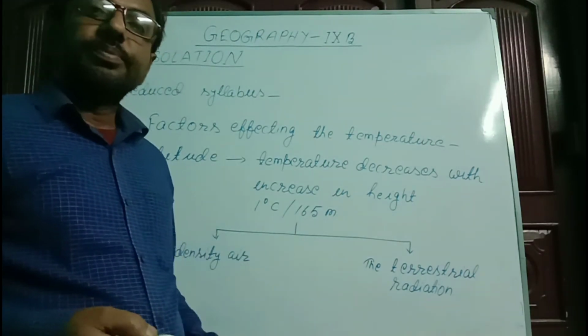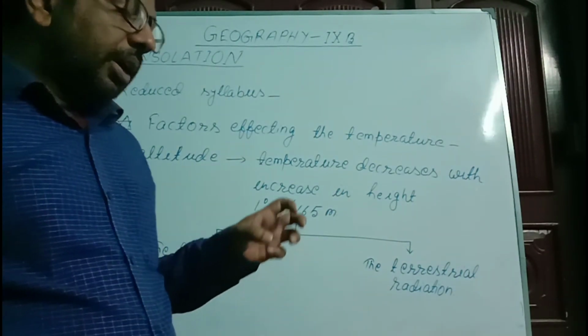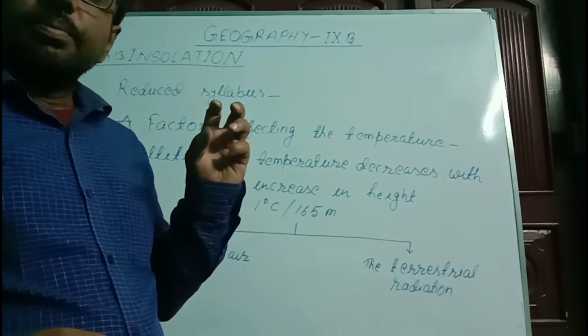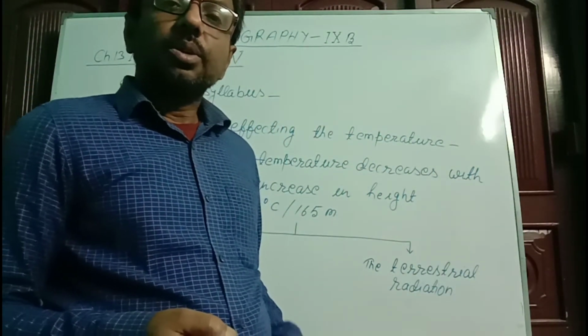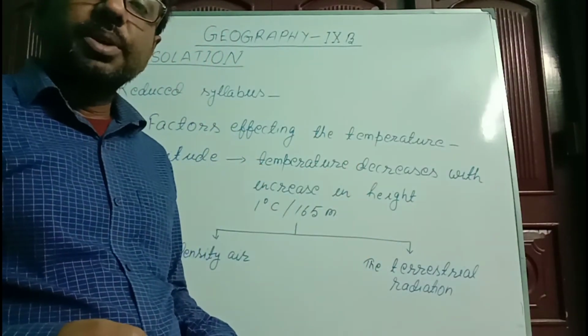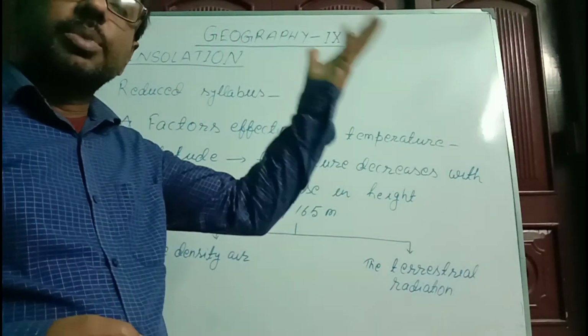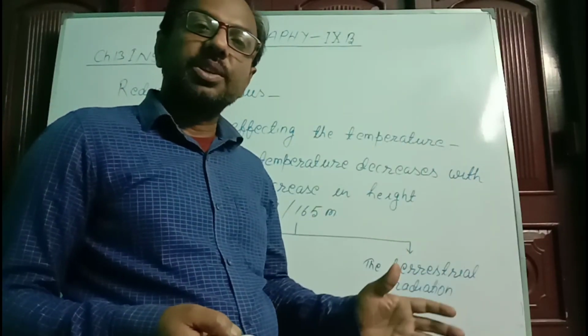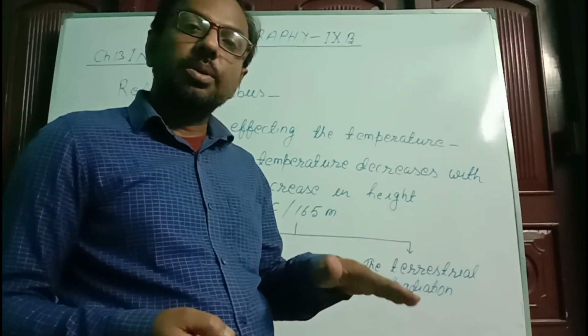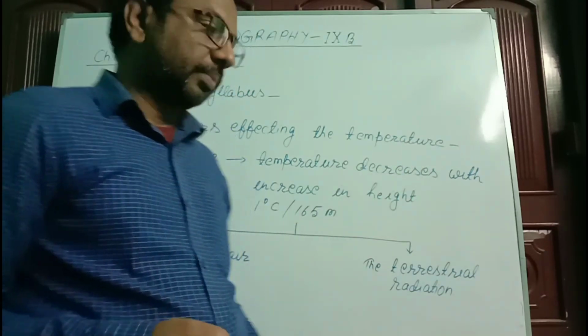Second is, we know the atmosphere becomes hot due to terrestrial radiation. So at first the lower layer of the atmosphere becomes hot, then the upper layer. So the places at height have lower temperature than the places located in the plain.